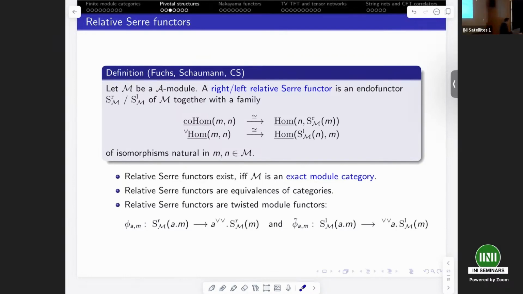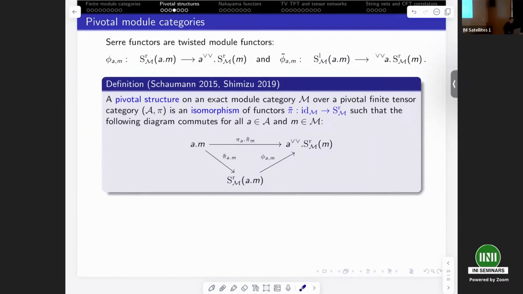So we can impose this condition, and we can say that a pivotal structure on an exact module category is a trivialization of the Serre functor as a twisted module functor. This commutes if we use the pivotal structure on the monoidal category to get rid of the double dual.